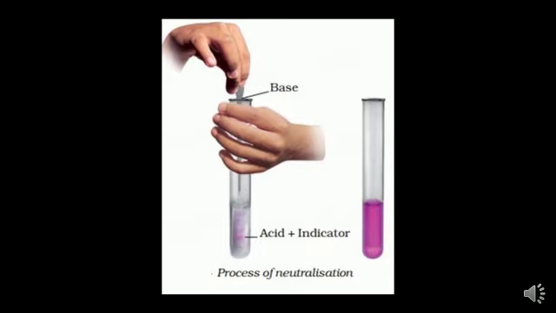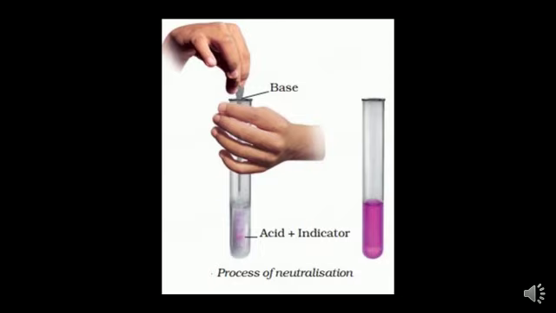Now to this acidic solution we need to add a drop of sodium hydroxide solution by dropper, and next stir it gently. Here sodium hydroxide is a base, right? We need to observe whether there is any change in color of the solution, and we should continue adding the sodium hydroxide solution drop by drop while stirring it till the pink color just appears.